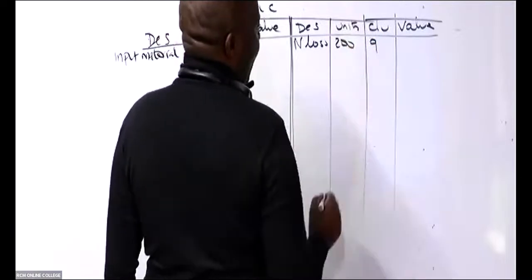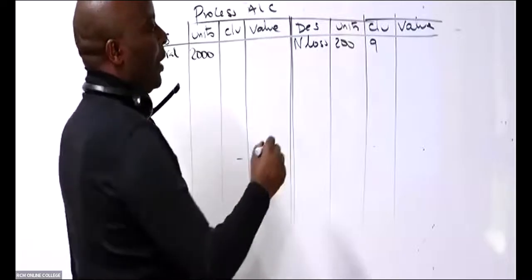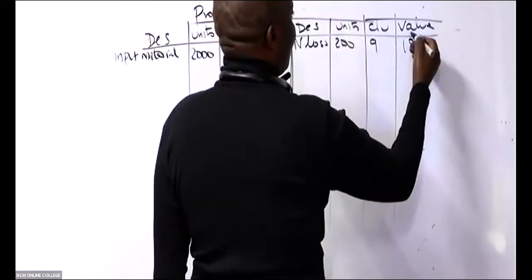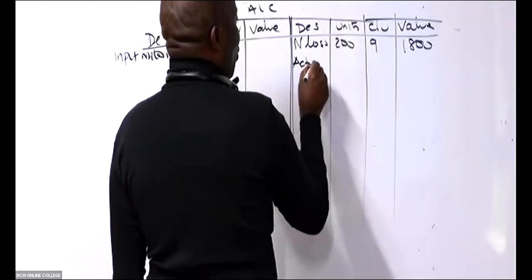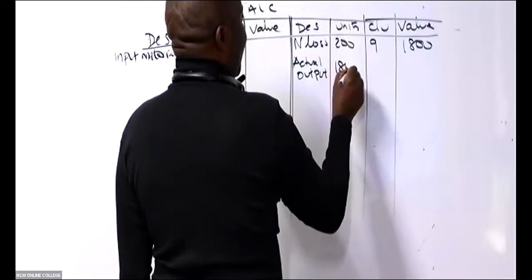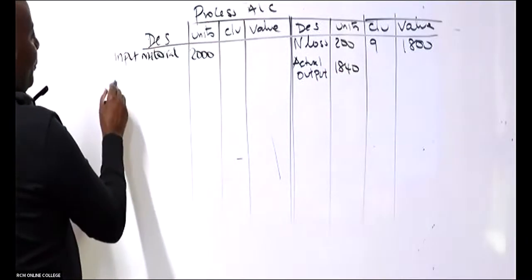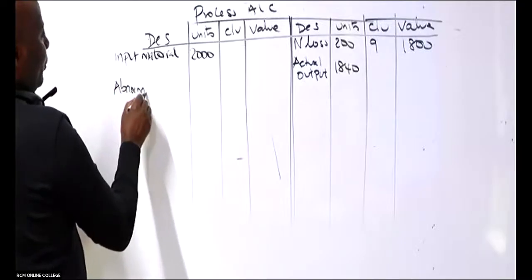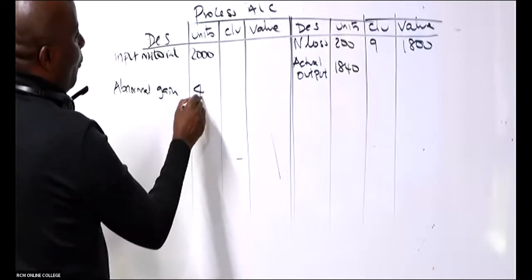And they have told us we are scrapping at 9 bob still. So 200 times 9 gives me 1800. We have in this case actual output 1840. We have abnormal gain of 40.